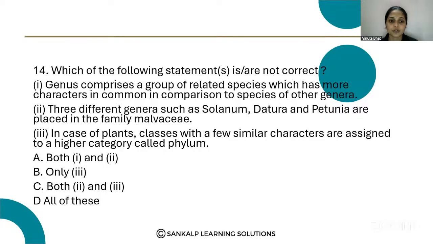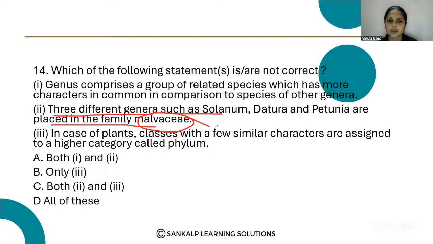So which one of the following statements are not correct? So that you have to find out. See this statement. Here, three different genera such as Solanum, Datura and Petunia, they belong to the family Malvaceae.